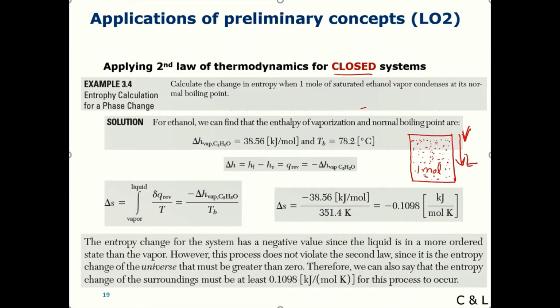Now to calculate this, as you can see from the formula, we need two pieces of information: how much heat is transferred and what the temperature is. Because this is a phase change happening, this should be the heat of vaporization, or enthalpy of vaporization.